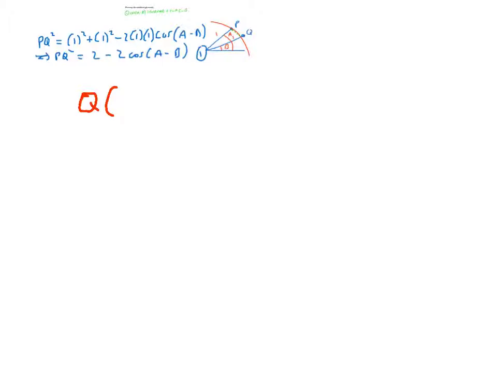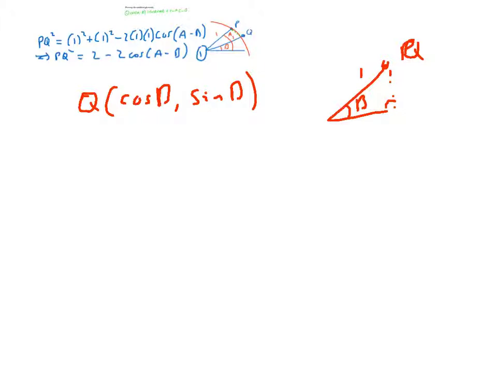Since we have this angle here, this is Q, and this is our angle B. If I draw a right angled triangle with this, this is 1, therefore Q has x coordinate cos x and y coordinate sine x, except it's not x, it's our angle B. Similarly with P, I have x coordinate cos A, and y coordinate sine A.